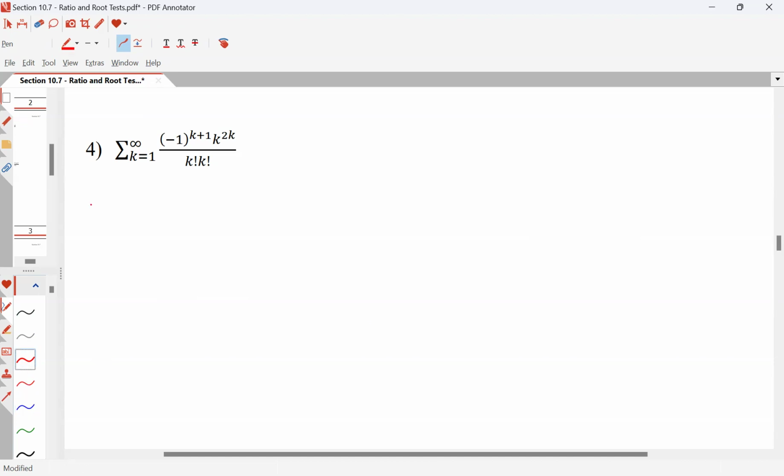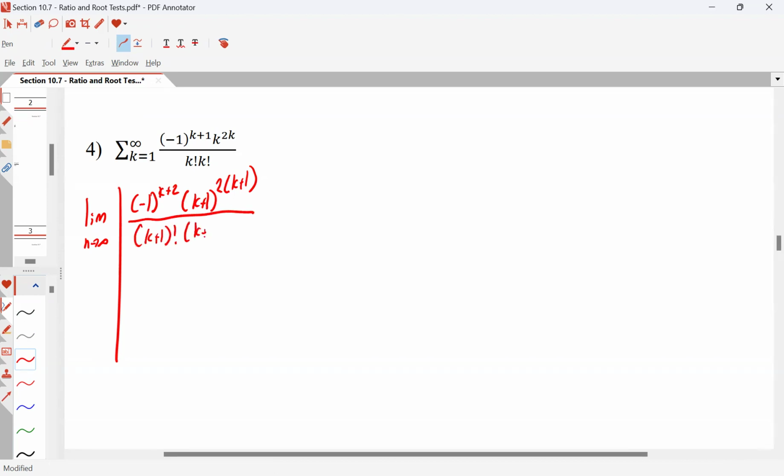So setting up our ratio test, adding 1 to everything, -1 to the k plus 2 times k plus 1 to the 2k plus 1, and note the parentheses, all over k plus 1 factorial, and now our sequence as normal, -1 to the k plus 1, k to the 2k, all over k factorial.